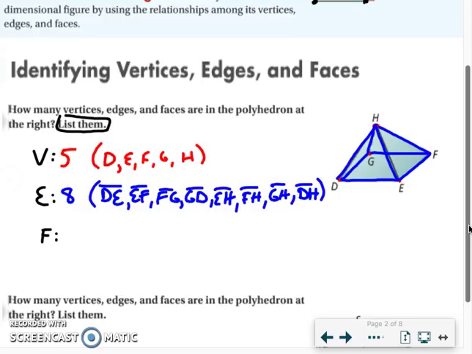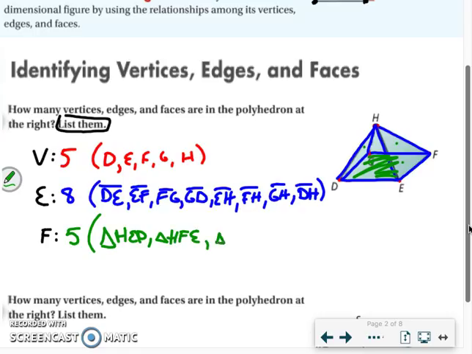For faces, it's just how many surfaces there are. So we have the bottom square, and then we have 1, 2, 3, 4 triangles surrounding it, for a total of 5 faces. All right, so again, that's going to be 4 triangles. So we have triangle HED, we have triangle HFE, which would be like the right-hand side.